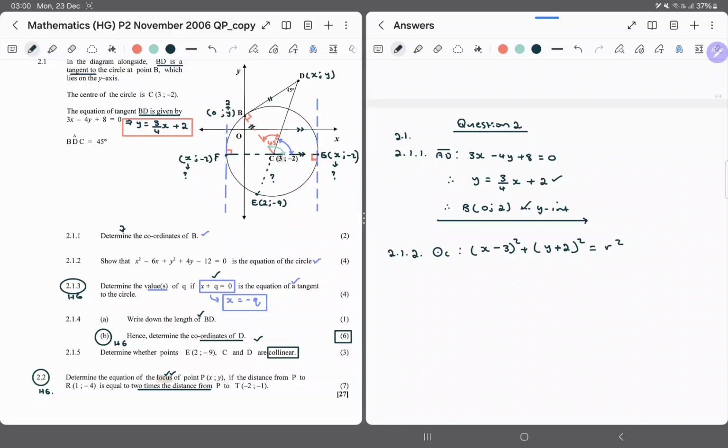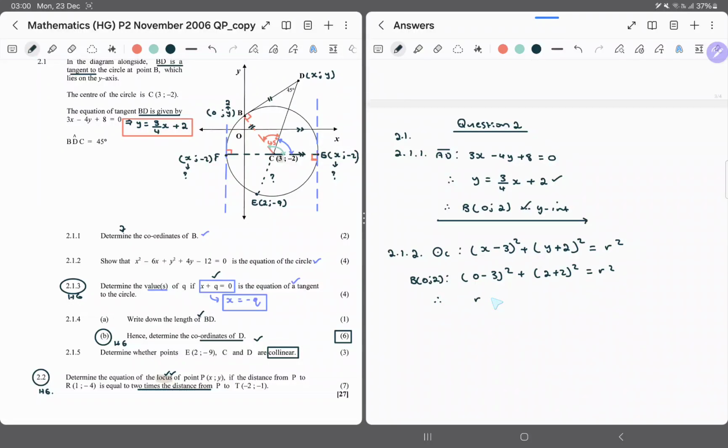Okay, great. So we substitute point B, which we just found. We substitute, so 0 minus 3 all squared plus 2 all squared equals r squared. So what do we say?